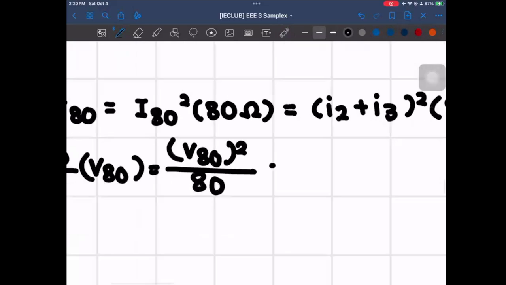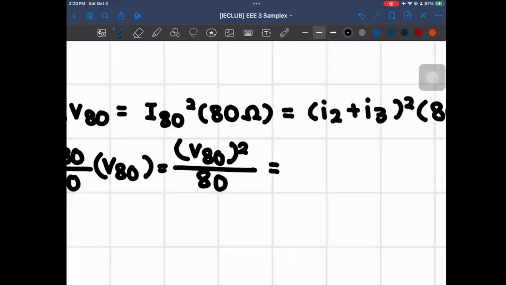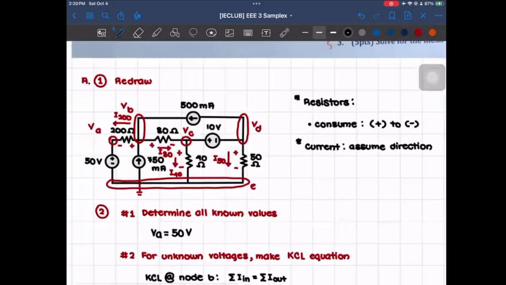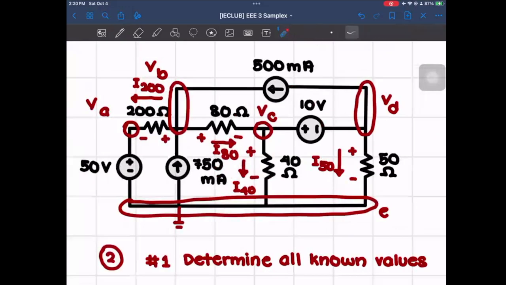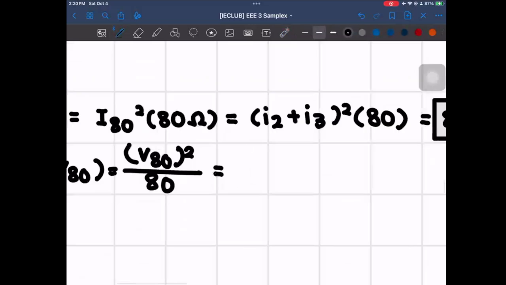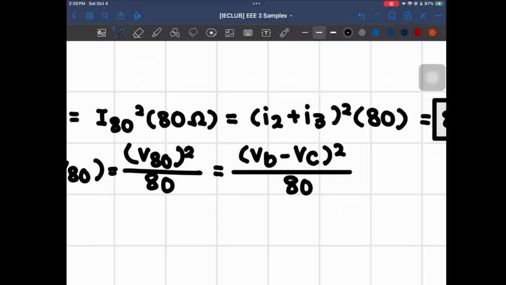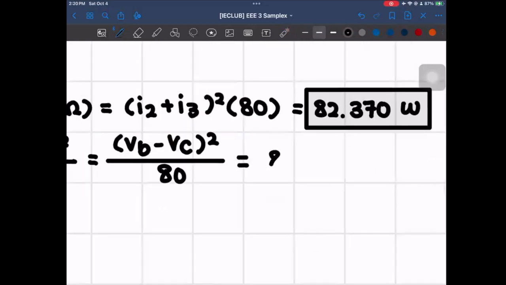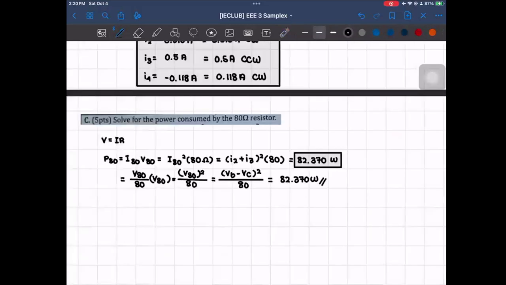And then for V80, we go to the drawing that we did at A. So V80 here would be VB minus VC, since positive to the negative. So that will be VB minus VC squared over 80. And then we'll end up with a similar value as well. So that does verify our answer for this part.